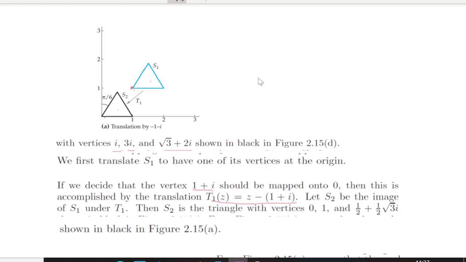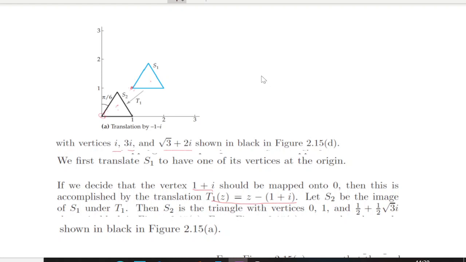So we are using this T1 of z and we have translated the given triangle into a triangle whose one vertex is the origin. We have translated this point from this side to here. Let S2 be the image of S1 under T1.